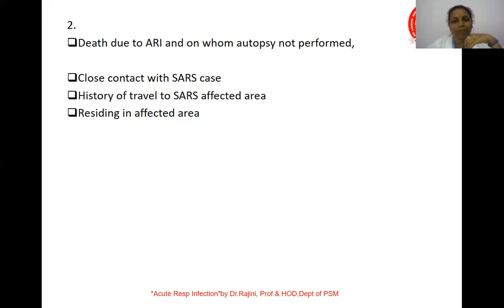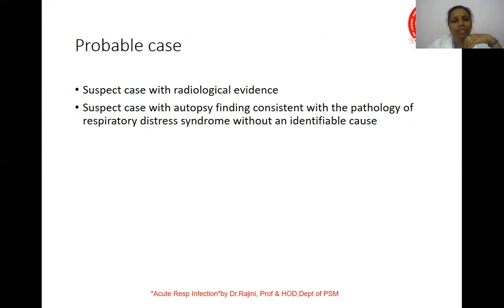And what is called a probable case? A suspect case with radiological evidence, where the patient has fever, cold, sore throat, and X-ray findings. Also a suspect case with autopsy findings consistent with the pathology of respiratory distress syndrome without an identified cause.